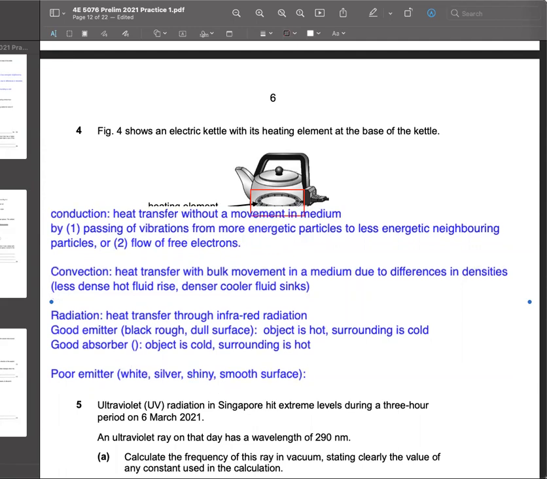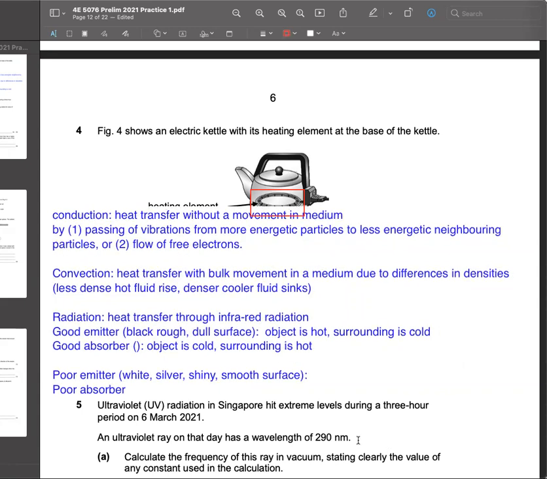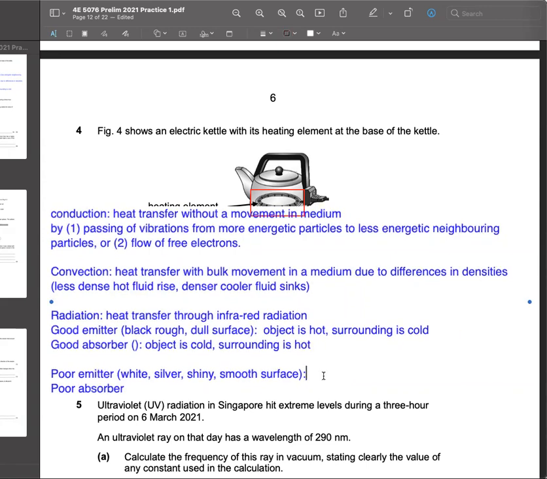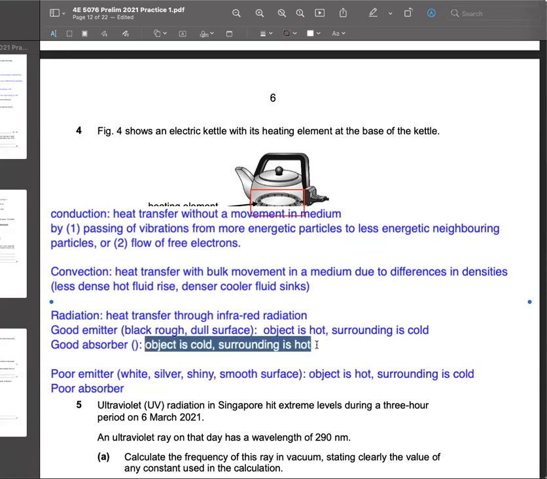Okay, when do we use a poor absorber? Same thing, when the object is cool and the surrounding is hot. So for a poor emitter, the object is hot. Okay, surrounding is cool.